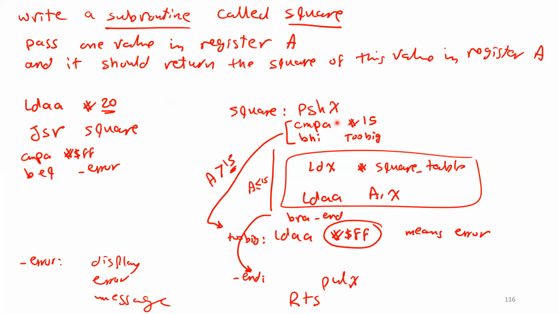And now, at the beginning of the subroutine, the top of the stack is the return address. So when I come to RTS, RTS is going to take whatever is in the stack and put it in PC so that I can come back here. You got it, or is it still not clear?